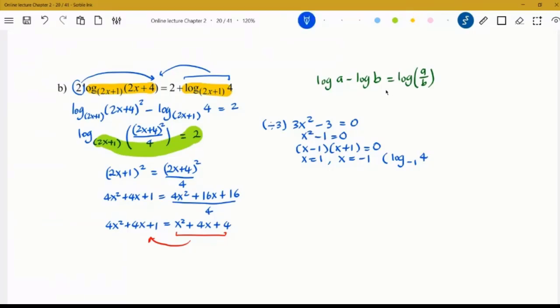So as you can see, the base is a negative. Ini akan jadi undefined. Okay. So bila undefined, directly this one will be rejected. So rejected, log negative 1, 4, undefined. So your final answer will be x equal to 1.